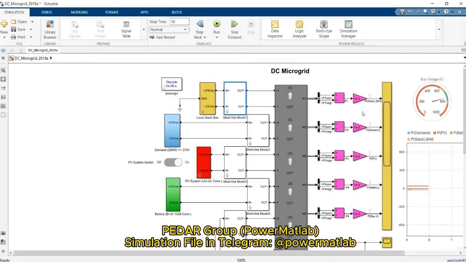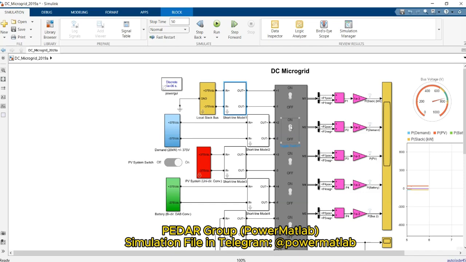Also, as you can see here, other components of the system, such as demand, PV system, and battery, connect to main bus bar number 1 through these short lines. Also, each component can be connected or disconnected from the main DC bus bar using these state switches.